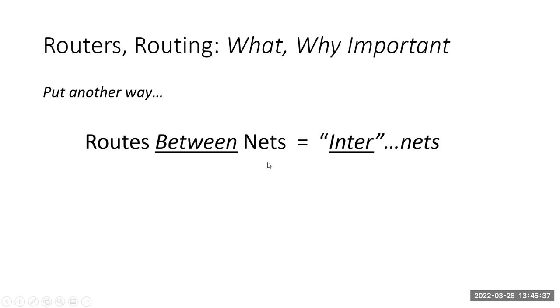Routes between networks is literally equal to the internetworks. If it's within a network, that's called intra. If it's between networks, it's called internetworking. And routers and routing are the very reason that we have internets.